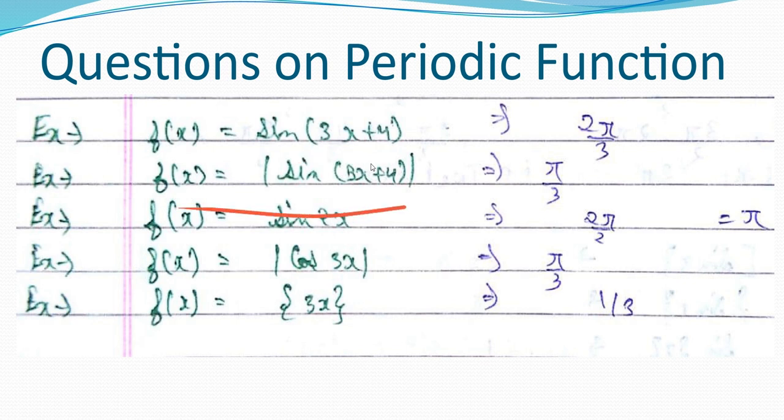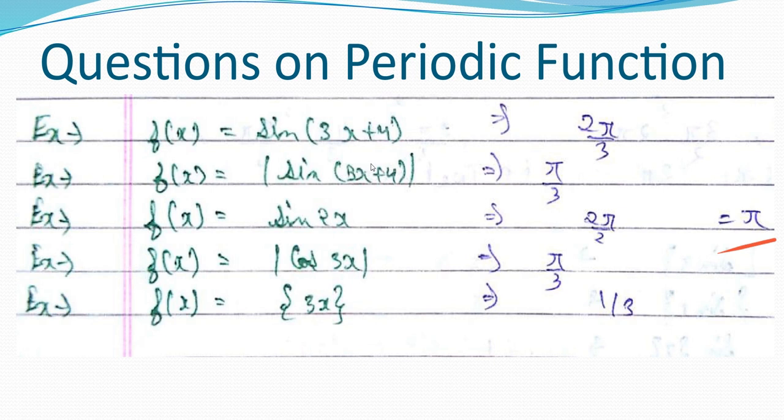Now f(x) is mod of sin(3x + 4). As mod of sin x has a period of π, so mod of sin(3x + 4) will have a period of π by 3. Sin 2x: as sin x has a period of 2π, so sin 2x will have a period of 2π by 2, that is π.